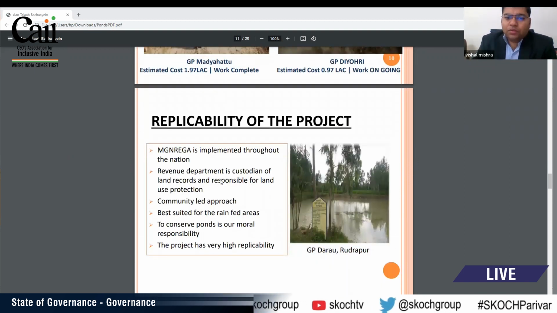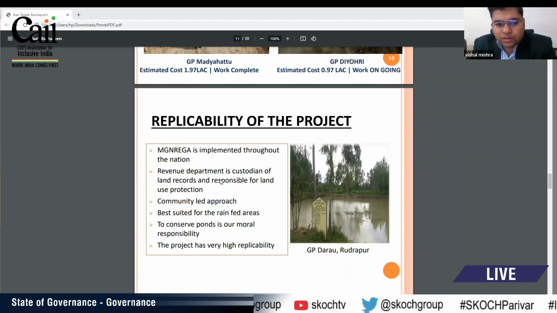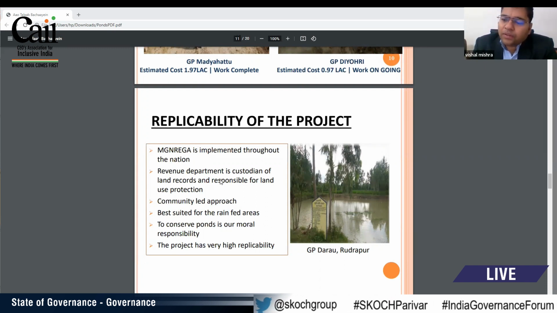Replicability of this project is very easy because this scheme, NREGS, is implemented throughout the nation, and the Revenue Department is the custodian of the land records. What we need is a district level committee and block level committee, where they should be given a clear-cut mandate and weekly monitoring should be done.